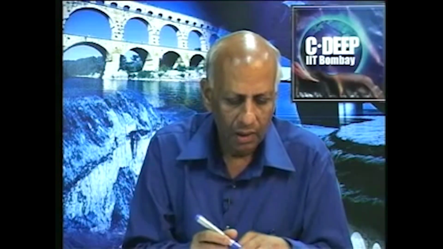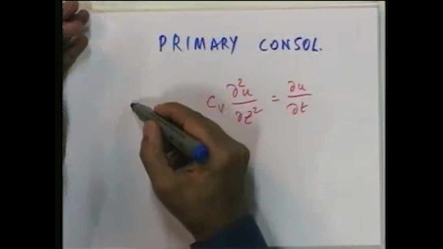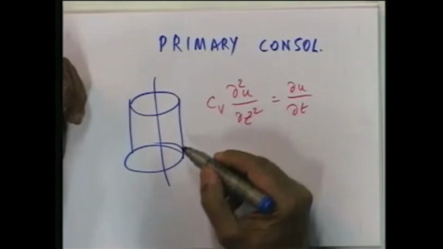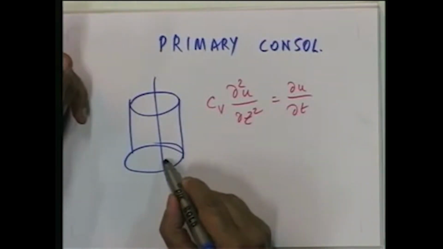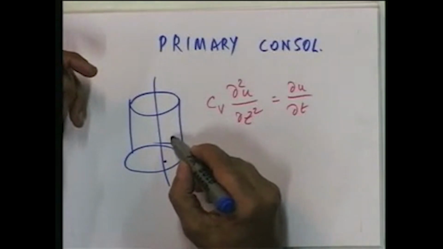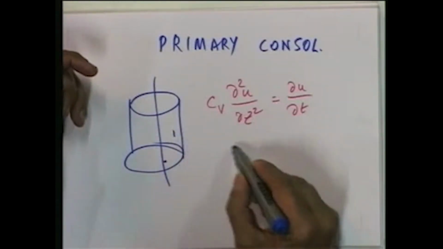The differential equations for consolidation however will be now not only for vertical flow, but also for the other directions of flow. Suppose we use polar coordinates rather than Cartesian coordinates, then instead of x, y and z directions, we will have a typical element here like this.